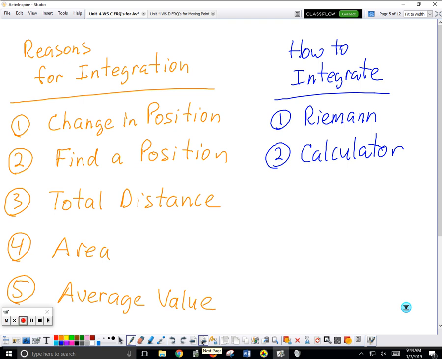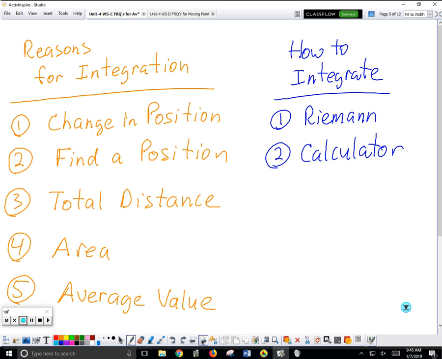They'll give you a graph that's all straight lines and such, and say, oh, find the value of the integral. And so you can find the area first, and then say that's the same as the integral's value. So that's another way you'll be asked to do it by hand. Another method we will learn about in February. It's a little hard to explain, so we'll just not worry about it for now. But is that your question?